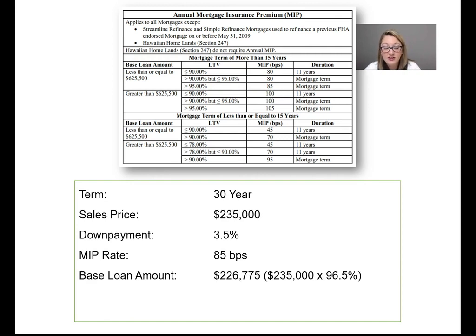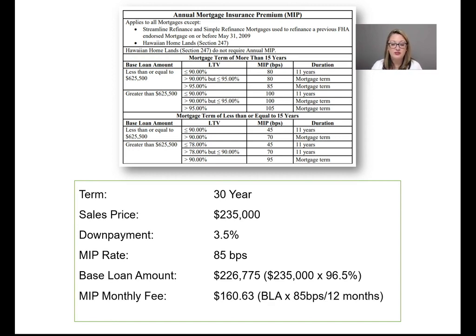And how you calculate it is you take the base loan amount, which in this case is 226,775. And how we got that was we took the sales price and multiplied it by 96.5, which is the LTV. And then what you'll do is you'll take the base loan amount multiplied by 85 basis points. And the actual calculation would be 0.0085, and then you would divide that by 12 to get your MIP monthly fee.